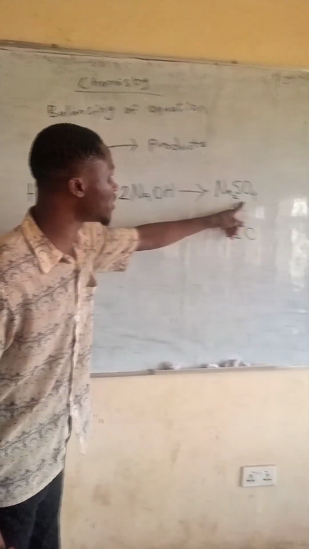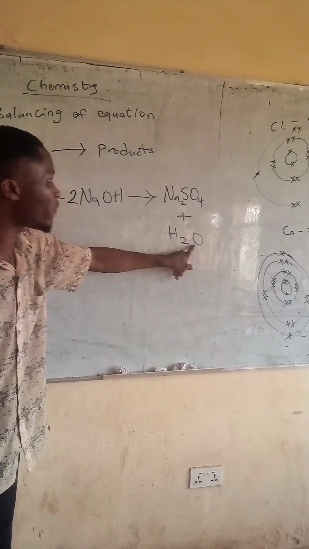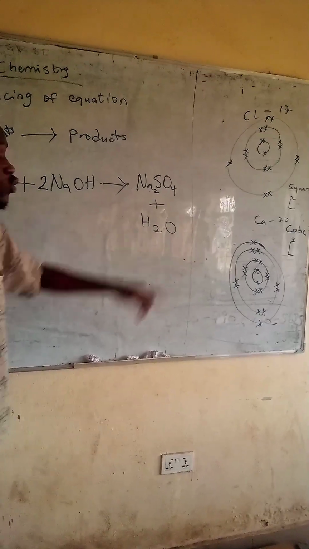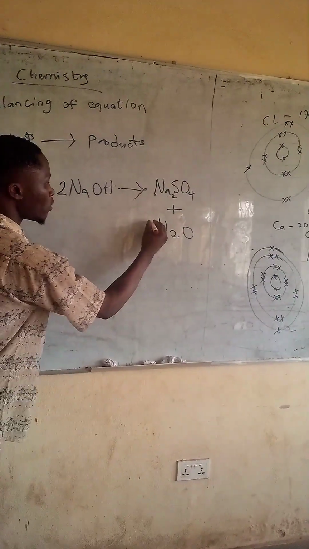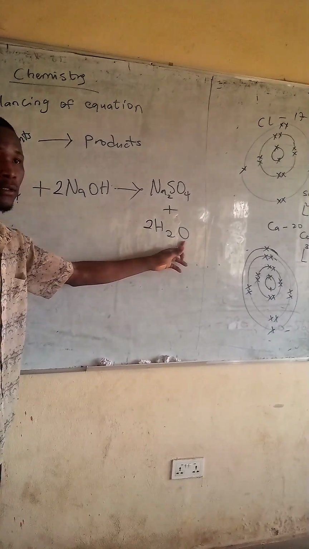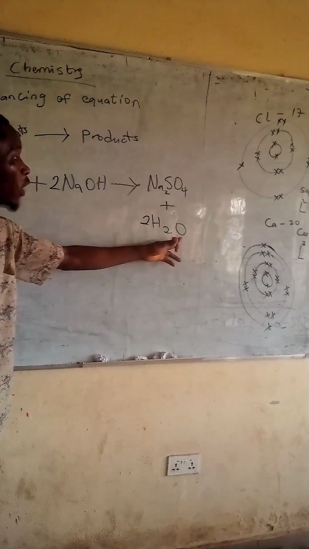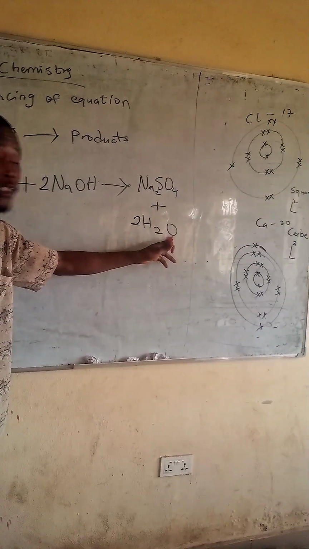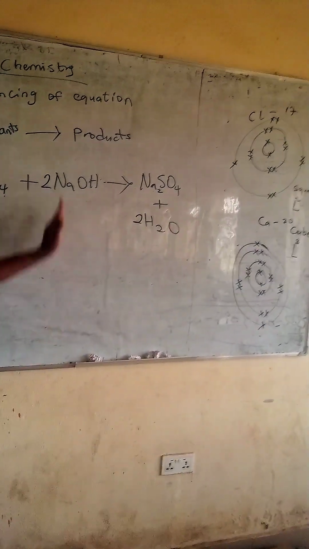Looking at this side, we have only 5 oxygen: 4 here and 1 here. So we'll write 2 here so that we balance the remaining 1 oxygen. Basically we have 4 oxygens and 2 oxygen now, making 6 at this side and having 6 at this side.